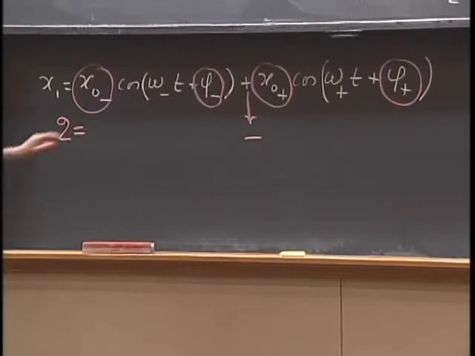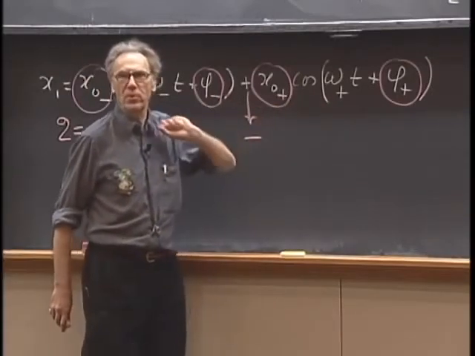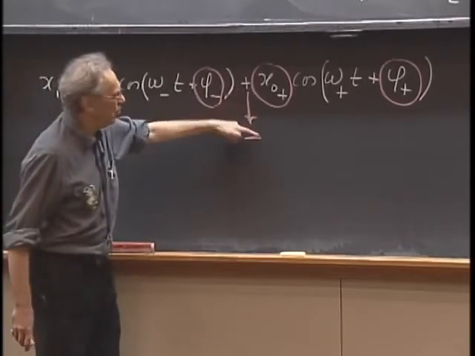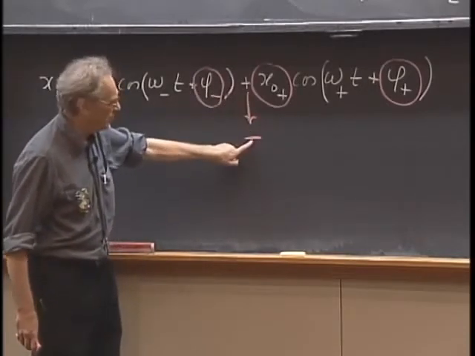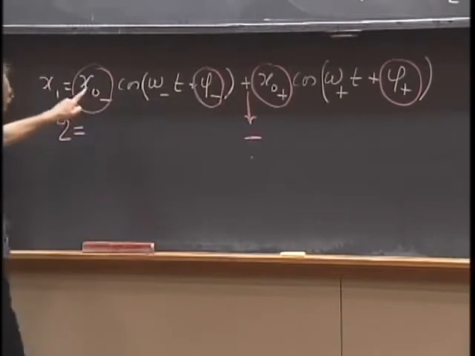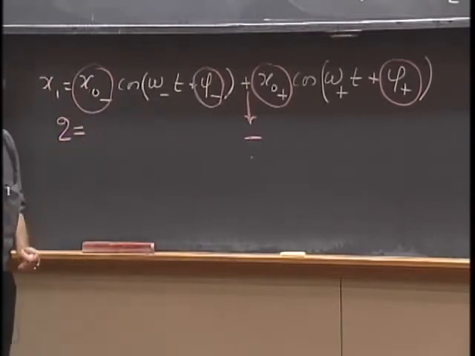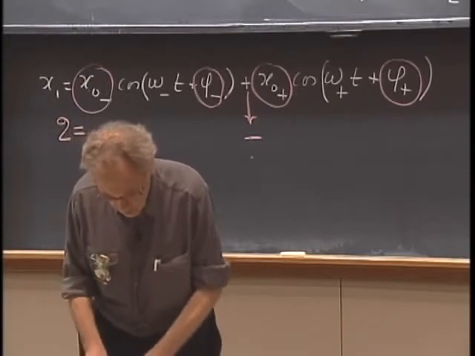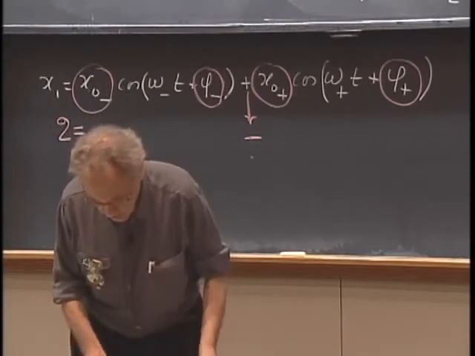The frequencies are the same, otherwise they wouldn't be normal mode frequencies. It is the ratio here of C1 over C2 that is plus 1, and the ratio here that is minus 1. That's the reason why this becomes a minus and why the plus here remains a plus. So that now is the general solution if you also know the initial conditions.